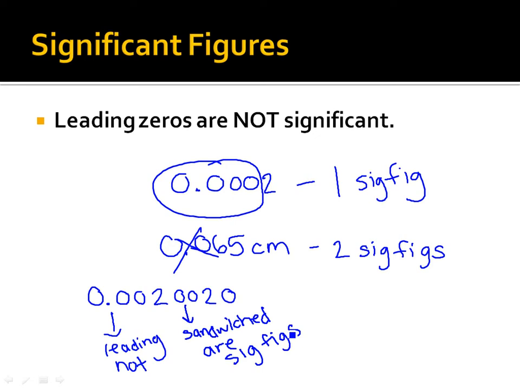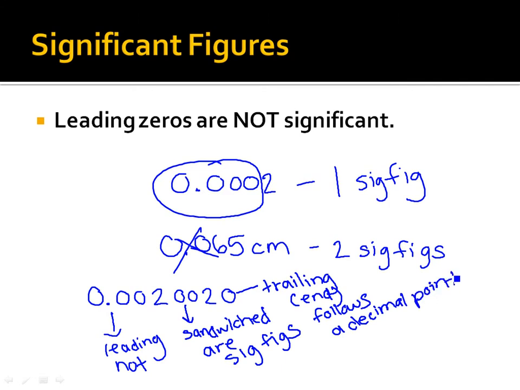And we also saw that if we have a trailing zero, so this one is a trailing zero because it's at the end and follows a decimal point. If we look at this 0, it follows a decimal point. Here's our decimal. Therefore, it is significant.